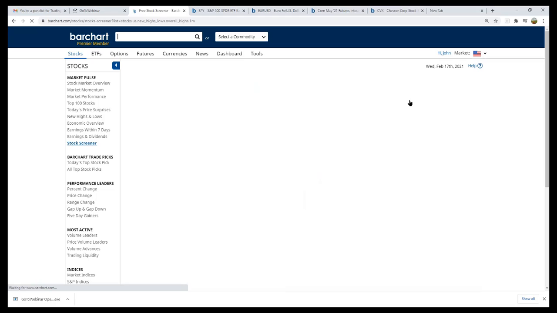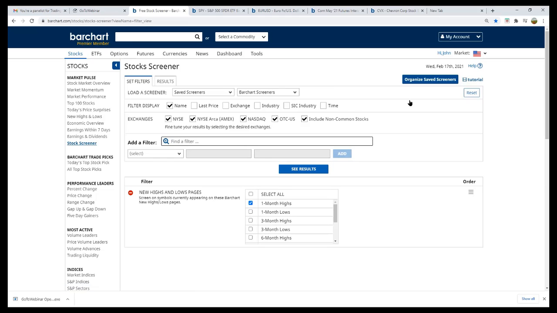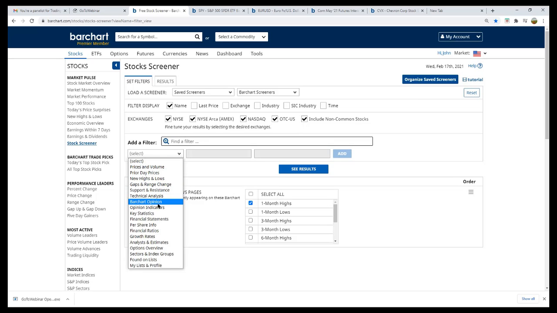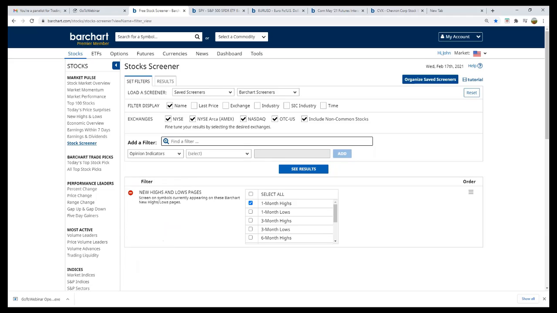right? But I'm going to switch it up a little bit because we have a lot of different opportunities to look at different types of strengths and direction indicators, right? First one I'm going to add is, instead of Barchart opinion, those overalls or all those 13s, I'm going to look at a very specific indicator, maybe one of the ones that I like.